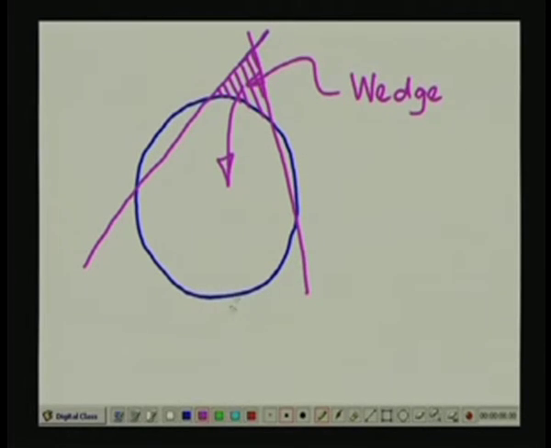This is not always going to be the case, because we could have a joint set that is oriented in a different manner. Let us say you have got a tunnel alignment like that, and the joint set is oriented in this manner. This is joint set 1 and that one is joint set 2.